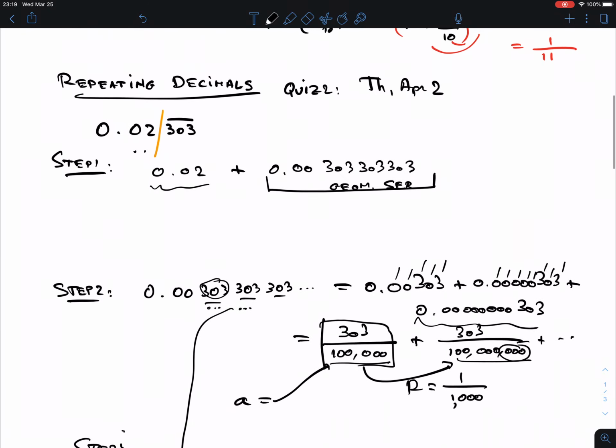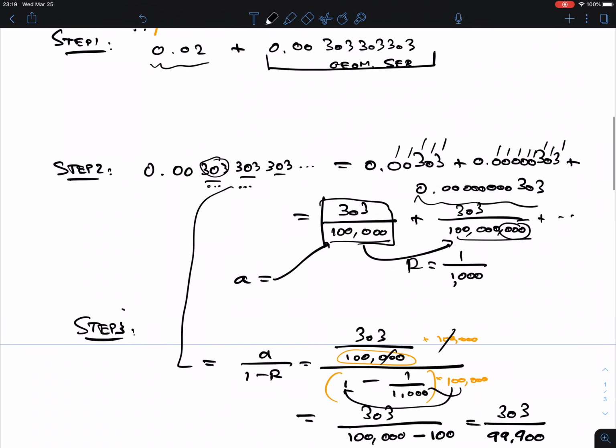So, okay, but we are not completely done, because this is what I just calculated, 303 over 99,900. But I also have to deal with this guy, and I have to write this as a fraction. Now, how do you make the fraction? Well, you move the decimal 2 spots, so 2 hundredths, right? Okay, and now you put this on common denominator.